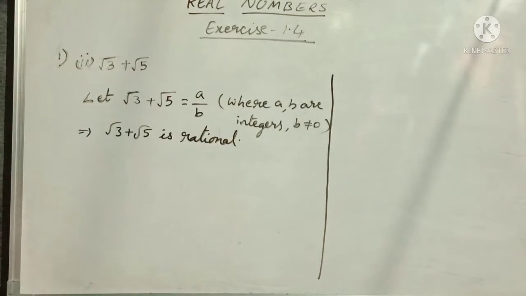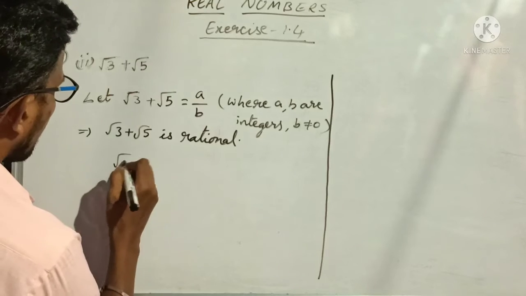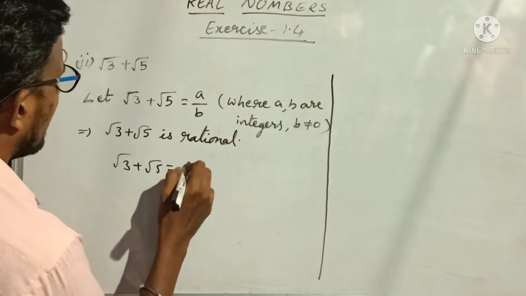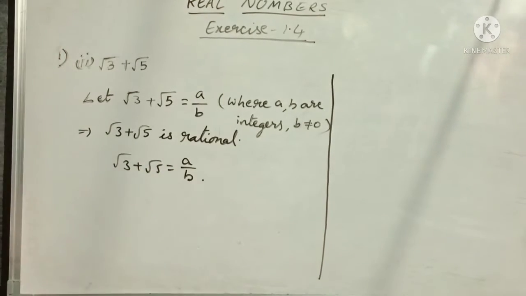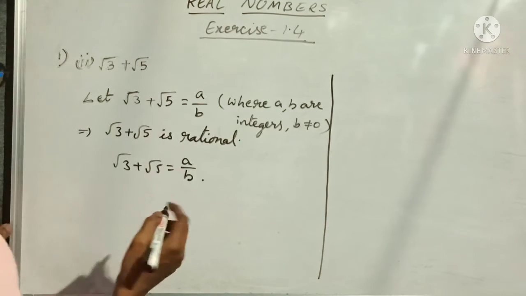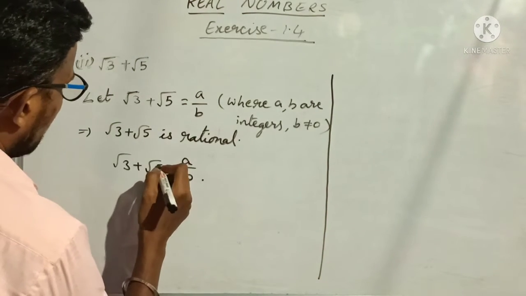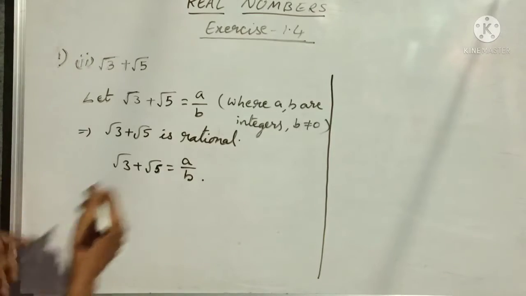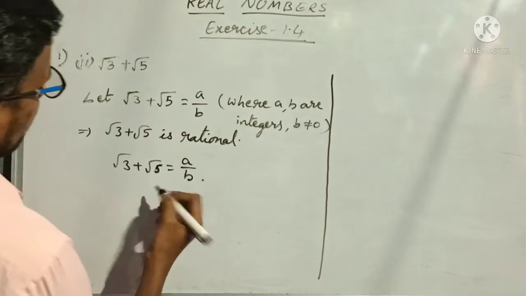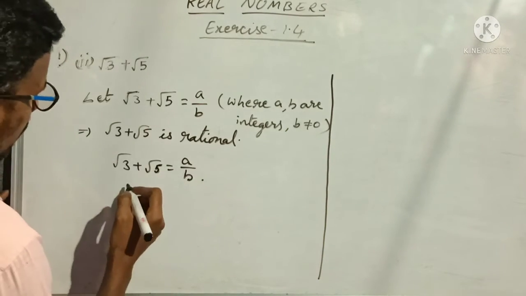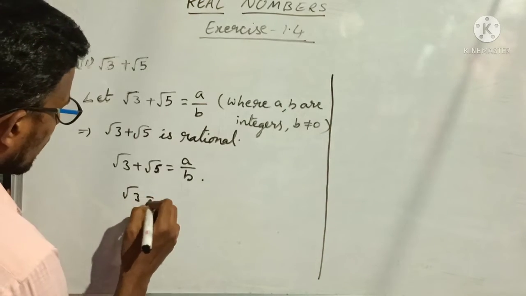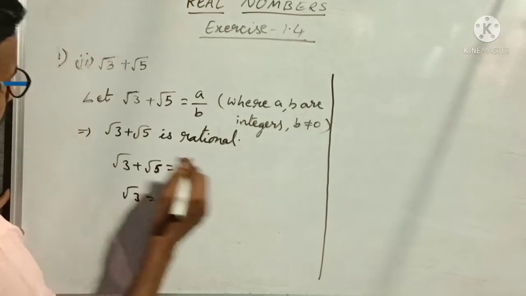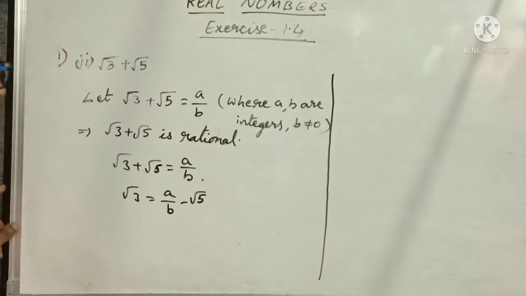If this is rational, then root 3 plus root 5 is equal to a by b. Now I will keep root 5 on this side and take root 3 to that side. Root 5 only I will take to that side. Root 3 is equal to a by b plus root 5 becomes minus root 5.